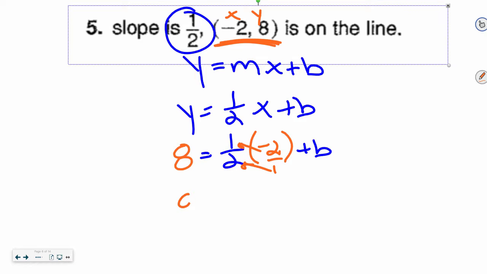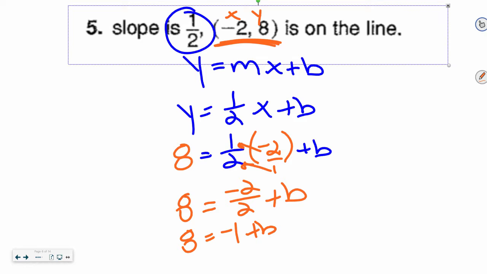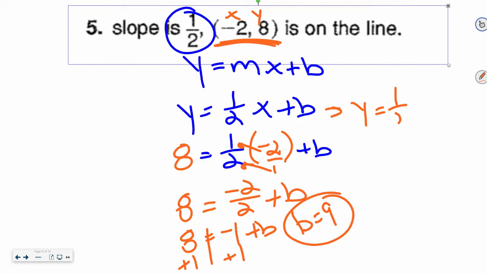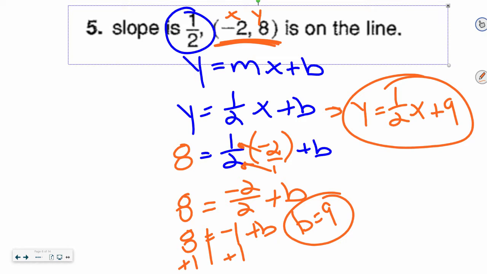So it becomes 8 equals -2 divided by 2 plus b. -2 divided by 2 is -1 plus b. To solve for b, I'm going to add 1 on both sides. And I got b equals 9. So to write the equation, I'm going to say y equals 1/2 x plus 9. And that is going to be my equation in slope-intercept form.